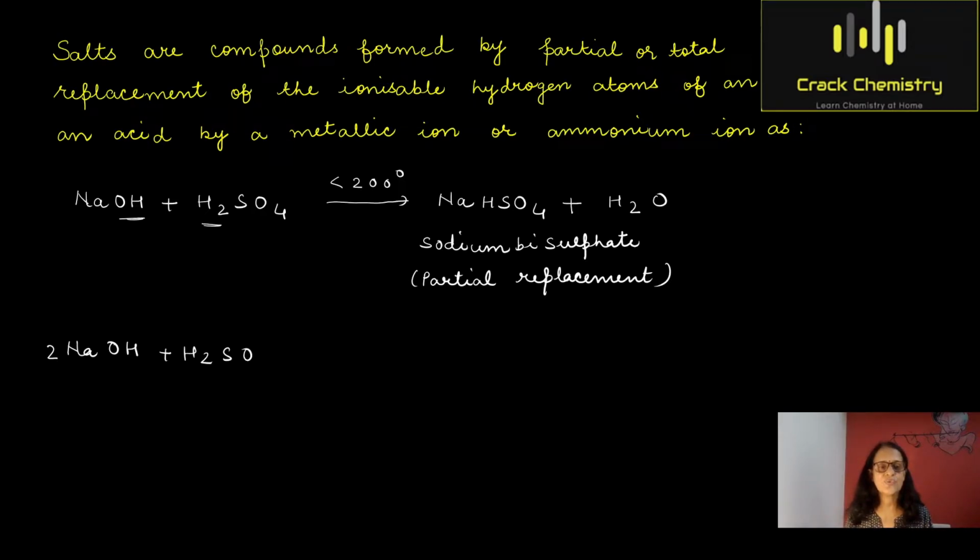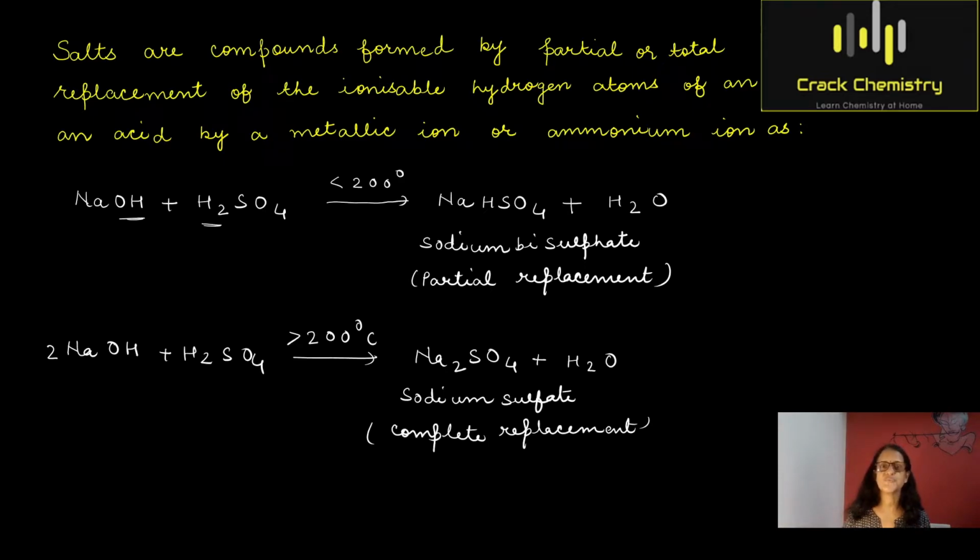The reaction, as I told you, will take place at a temperature greater than 200 degrees centigrade. The product formed will be Na2SO4, because both the hydrogen atoms of sulfuric acid have been replaced by sodium ions, plus H2O. So the name of the product is sodium sulfate and it is formed by complete replacement. I hope it is clear to you.